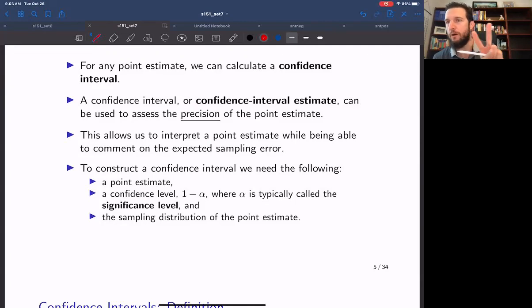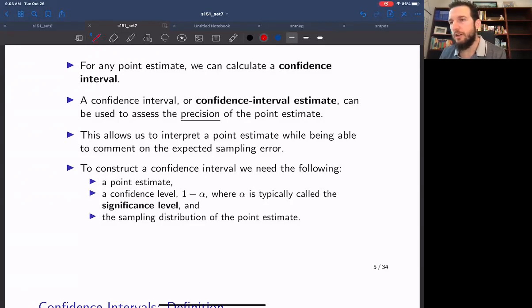So it gives us two numbers that would contain the population mean. And effectively, for the same confidence level, the more information you have, the closer those two numbers will be to one another. And the less information you have, the further those two numbers will be from one another. So essentially, the interval is going to be wider for less information, and the interval is going to be narrower for more information. But what the confidence interval is doing is it's basically accounting for the sampling error.